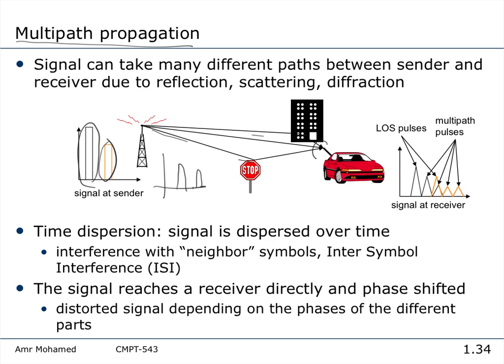So what will arrive here is multiple copies of the signal with some deformation. These two pulses, for example, reach the other side looking like this. The black three copies represent this pulse, and the orange ones represent this one. So it's three copies that correspond to these different paths, right?